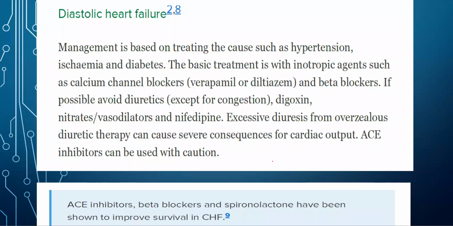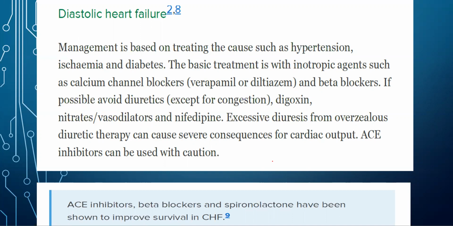So now you understand systolic heart failure. If the patient does not have pulmonary edema, you can start with ACE inhibitor and then gradually add up. So you can add furosemide or spironolactone. Then when the patient becomes stable, start with beta blocker, and last option will be digoxin.